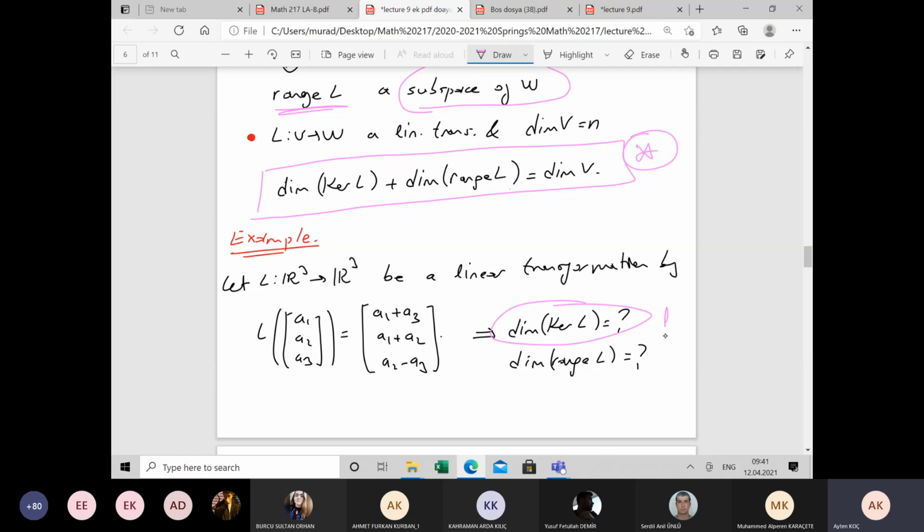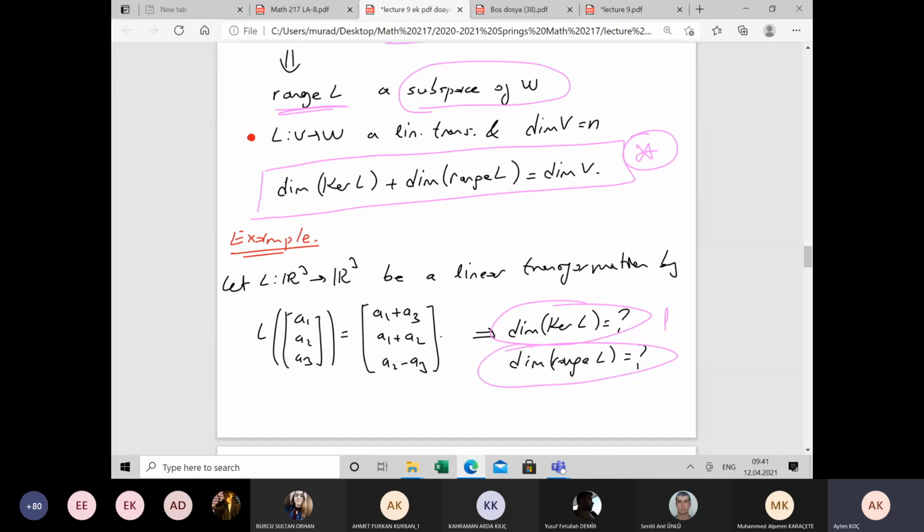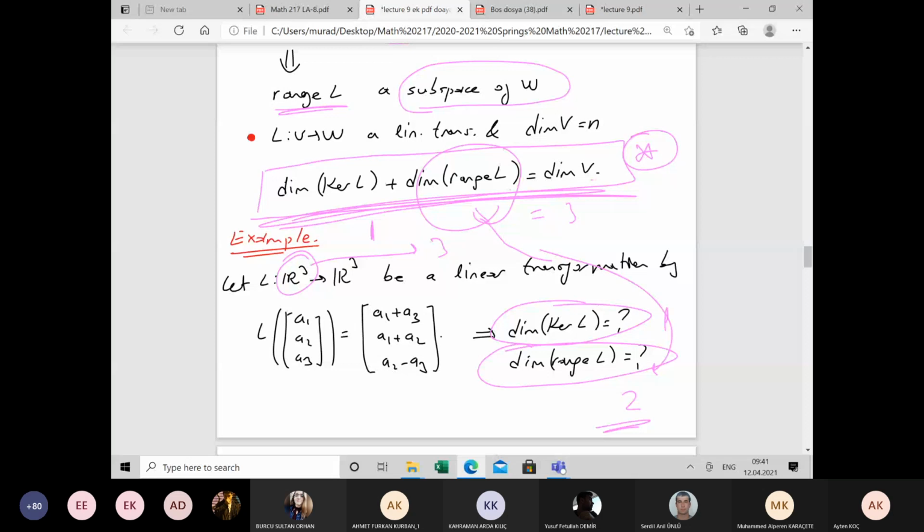The kernel dimension is 1, and the dimension of V, here R cube, is 3. So what is this one? This one is 2. The dimension of the range of L is 2.